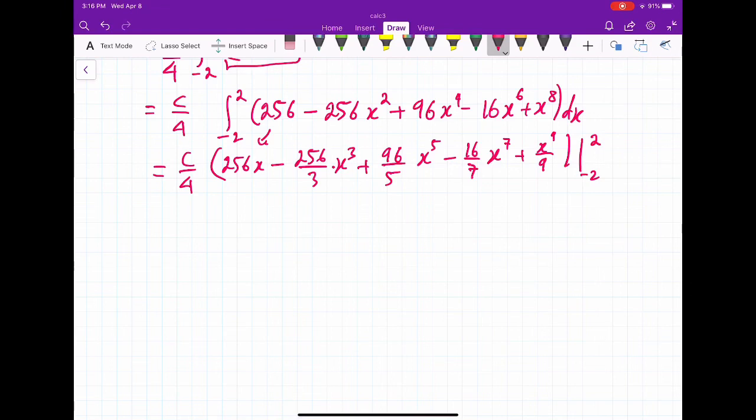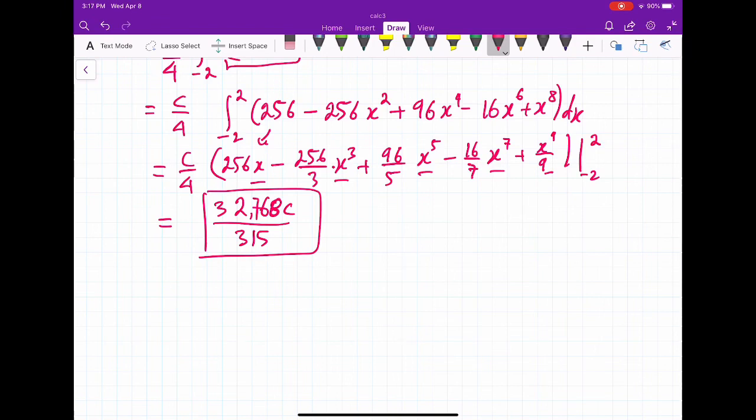Basically, all functions in here are odd. You just need to find the function value at 2. At -2, you have the negative of that function value. So overall, that would be equal to 32,768 c over 350.